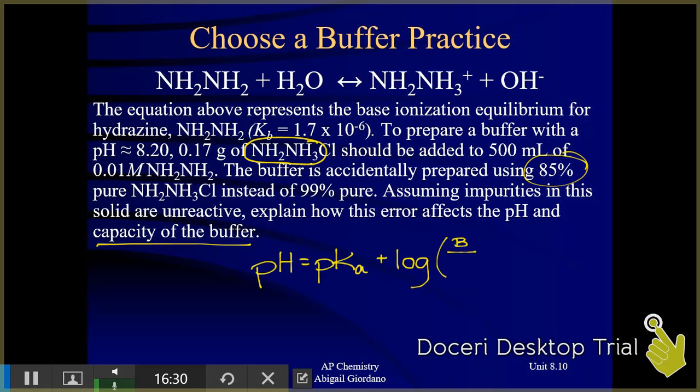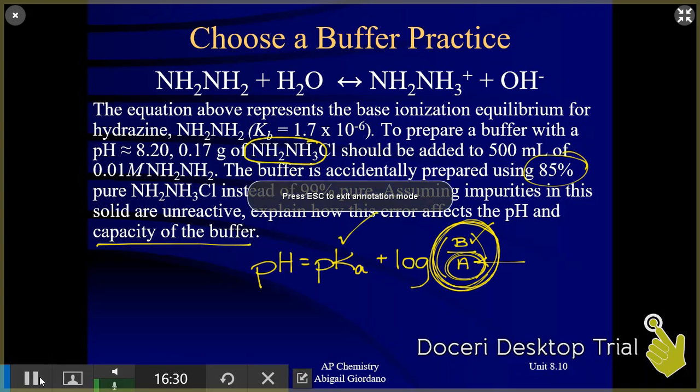Base over acid. Okay, now which of these pieces, the base or the conjugate acid, is the one being affected? It's this one. Okay, so let's think mathematically. What is that going to do here? This is not going to change, and this is not going to change. Okay, let's think about this.